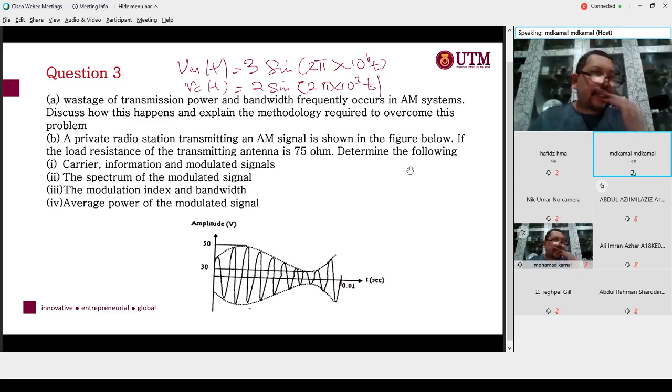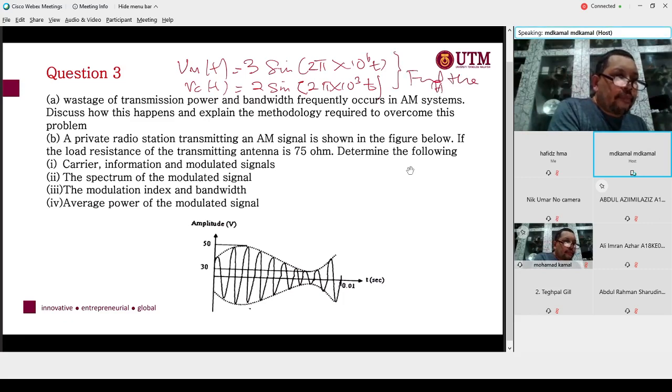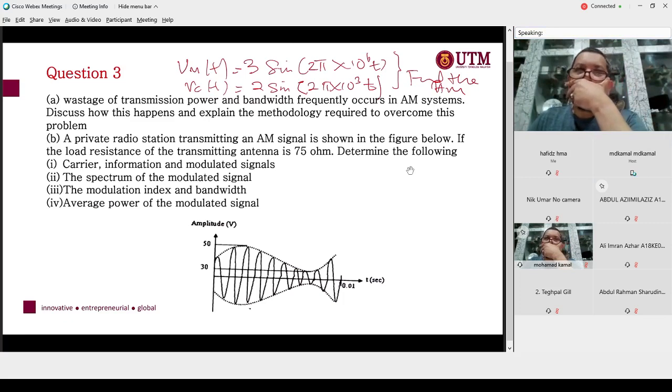Find the AM equation. If you don't want to write it, you can just say the answer. Should be okay.